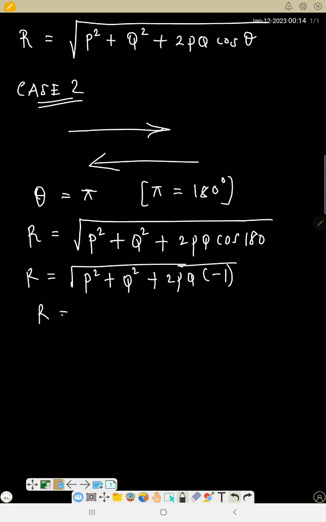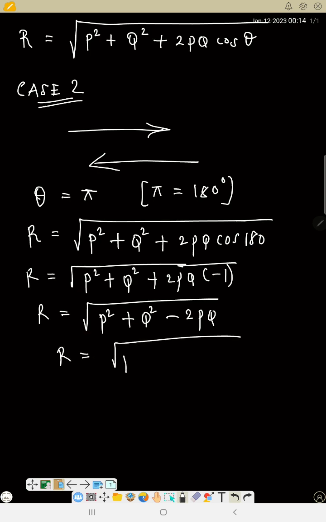So r is equal to square root of p square plus q square minus 2pq, which is square root of p square minus 2pq plus q square. So now we have this another quadratic. We have already shown the first quadratic.